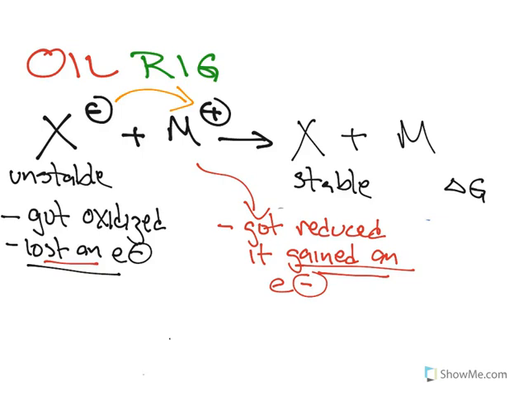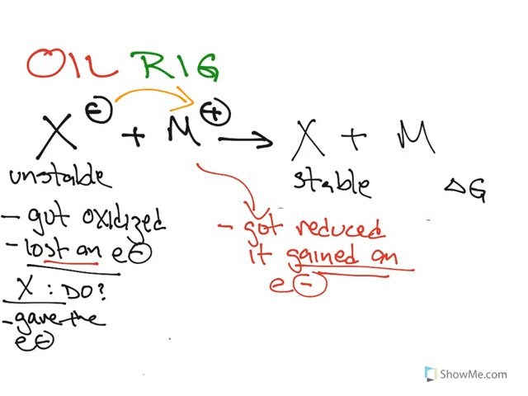Just to continue with a little bit more terminology, besides what happened to each molecule, you want to ask what each molecule did. There's a difference between what happened to it and what it did. So let's talk about X. What happened to it?